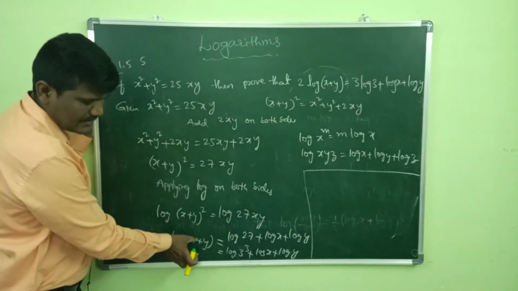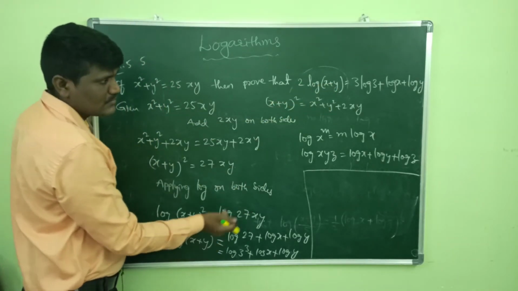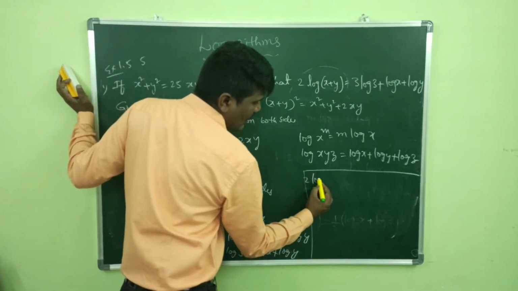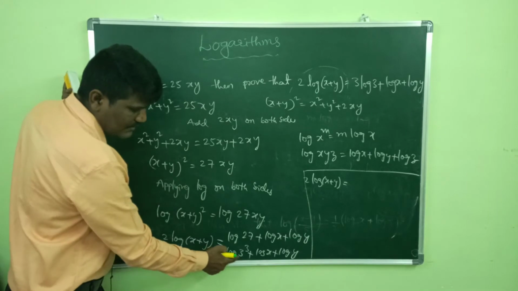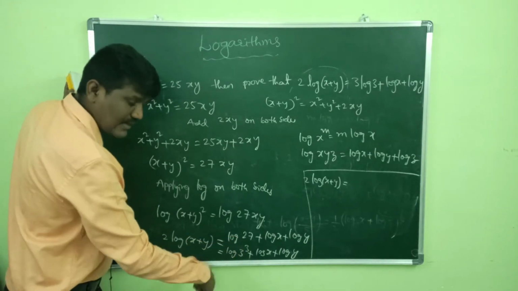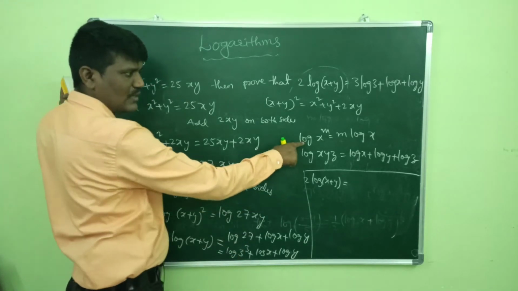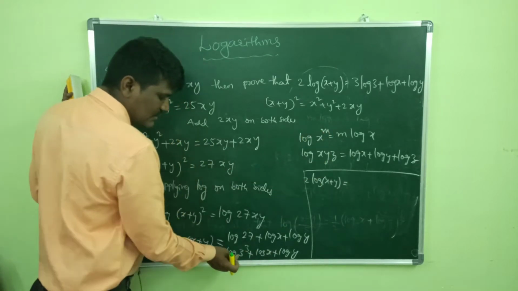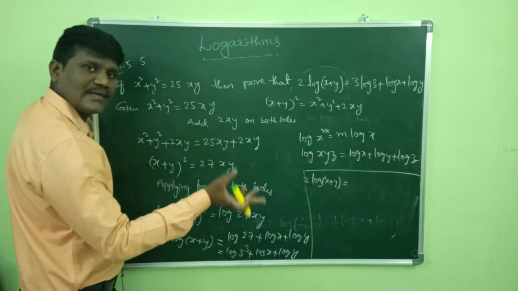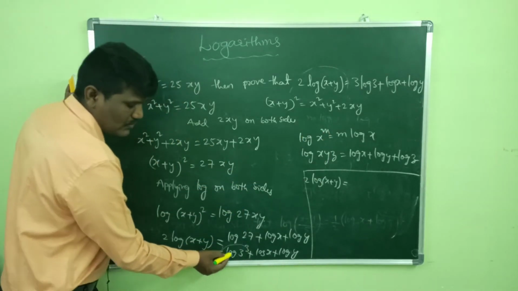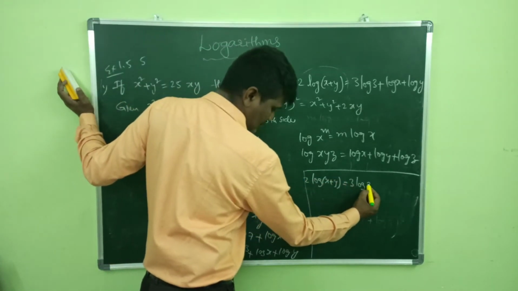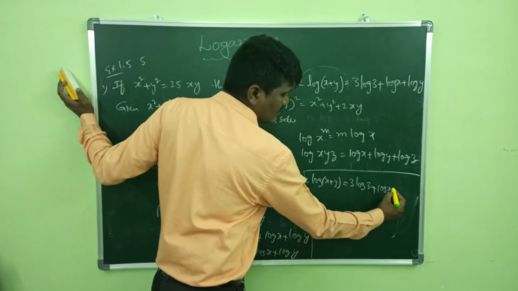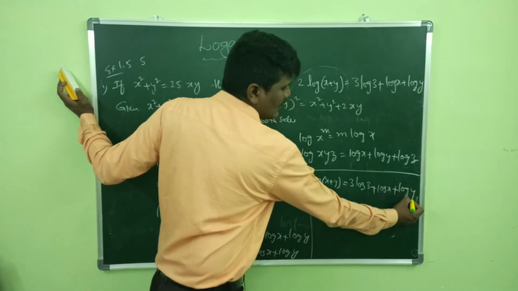The right hand side has log 3 cube, which I can write as 3 log 3 using this formula, so that I can write 3 log 3 plus log x plus log y.